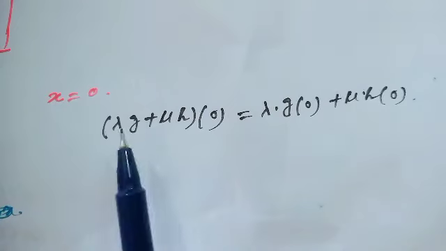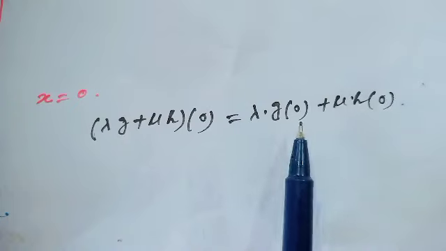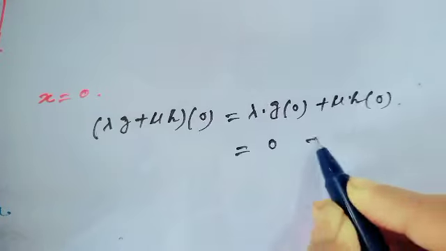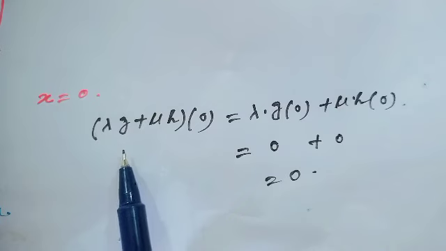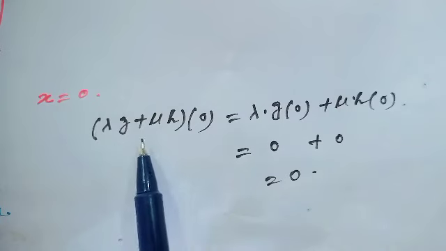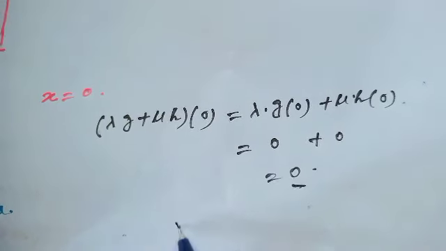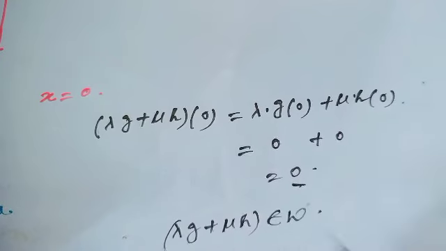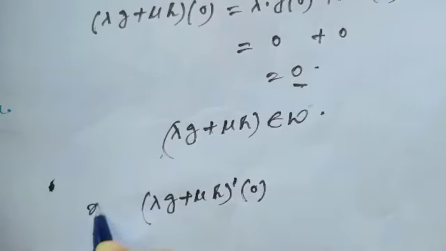For x equal to 0, lambda g plus mu h at the point 0 is equal to lambda times g of 0 plus mu times h of 0. Obviously g of 0 equals 0 and h of 0 equals 0, so this is obviously 0. And similar to before, lambda g plus mu h at the point 0 has value 0, that means obviously lambda g plus mu h belongs to W. We have to check the derivative function at the point 0.